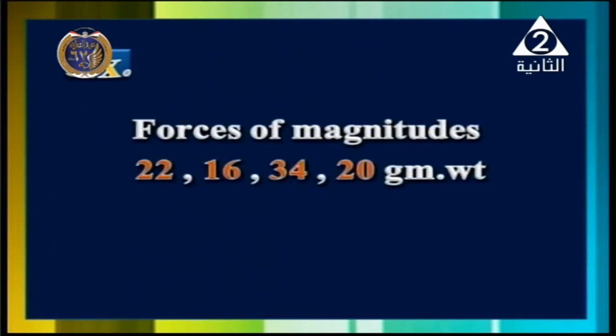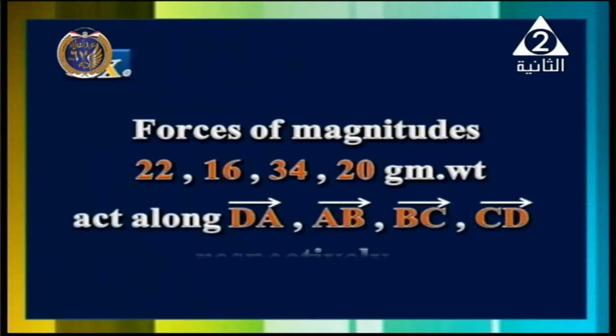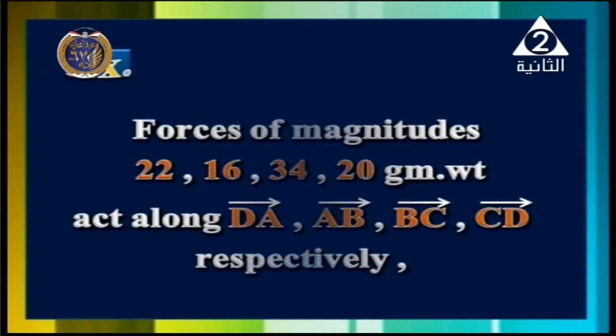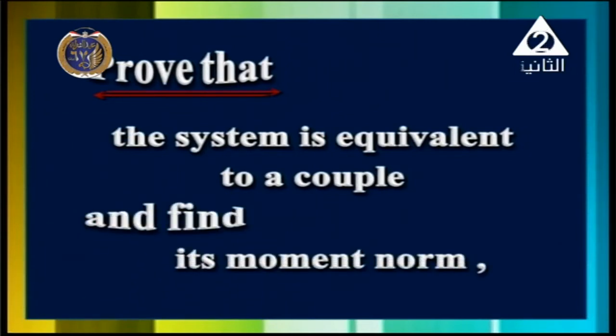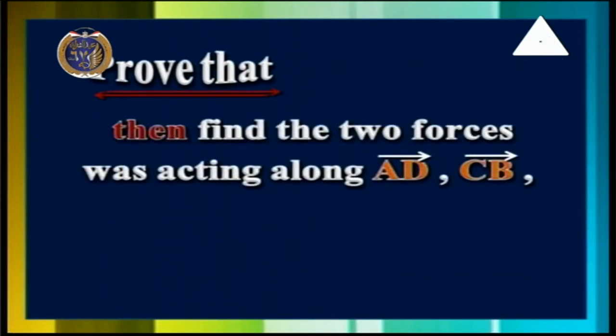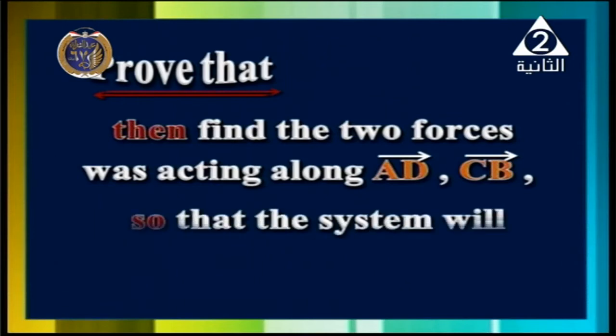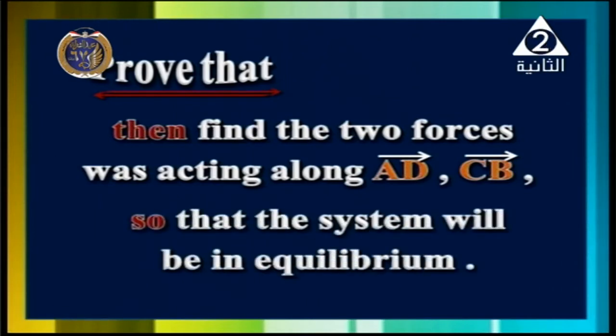Forces of magnitudes 22, 16, 34, 20 gram weight act along DA, AB, BC, CD respectively. Prove that the system is equivalent to a couple and find its moment. Then find the two forces acting along the AD and CB directions so that the system will be in equilibrium.